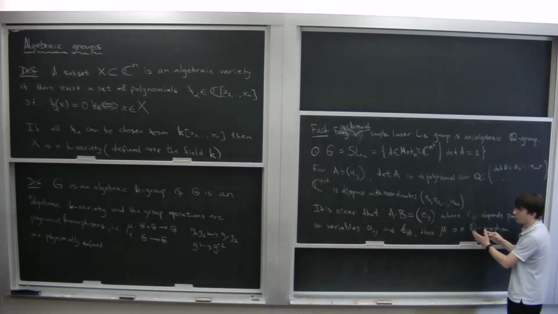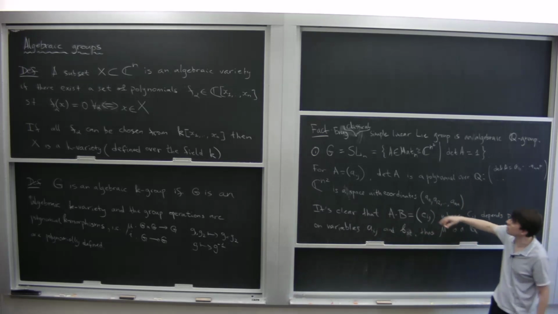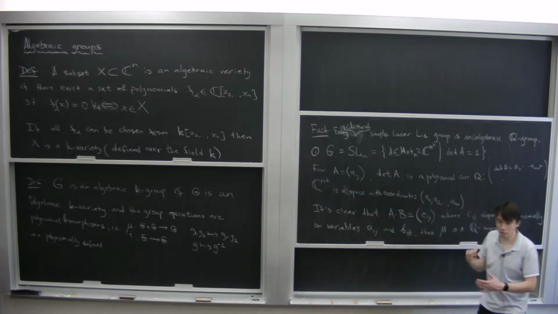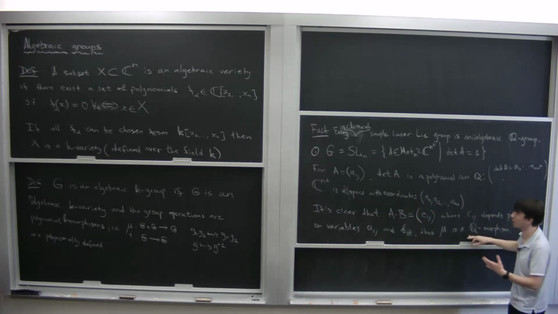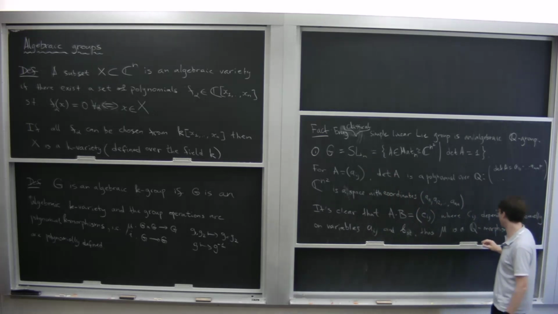So it is obviously a polynomial with coefficients from the field Q, not even R or C, despite the fact that this can be a complex Lie group, right? But as an algebraic group, it can be viewed as a Q or rational group.